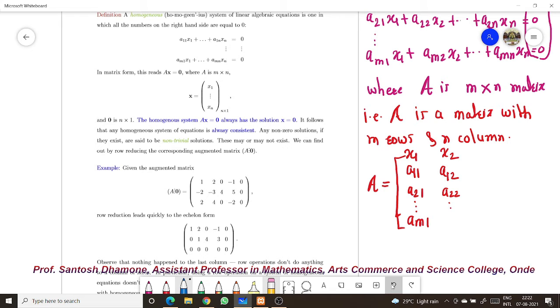This is an important point. Homogeneous system is always consistent.